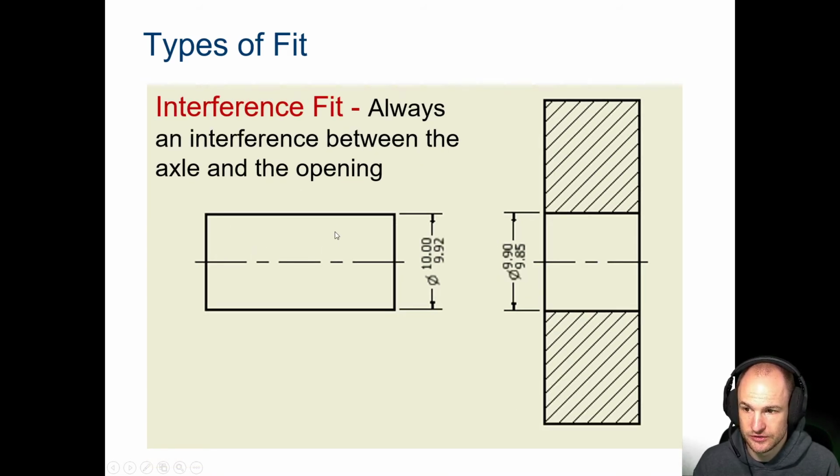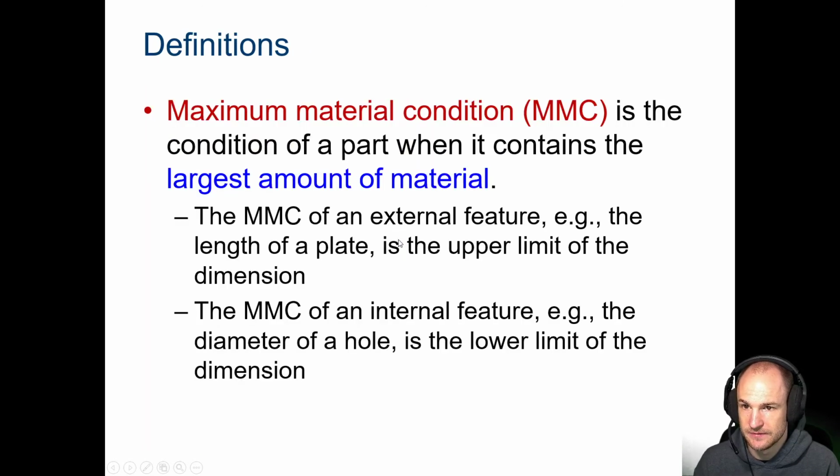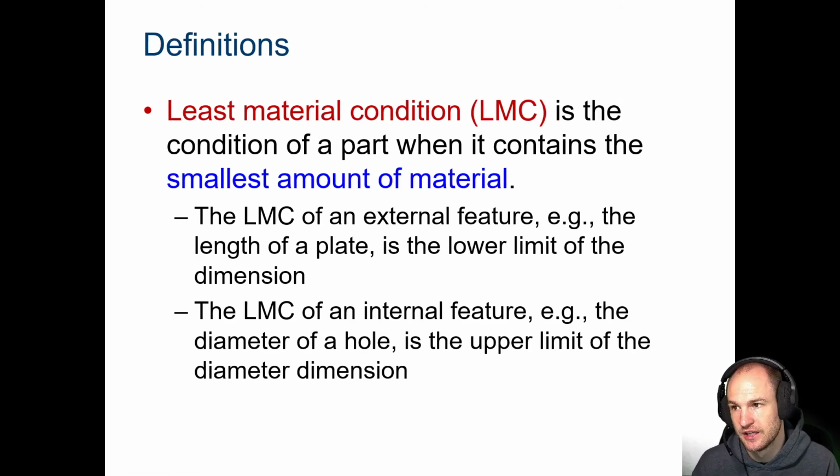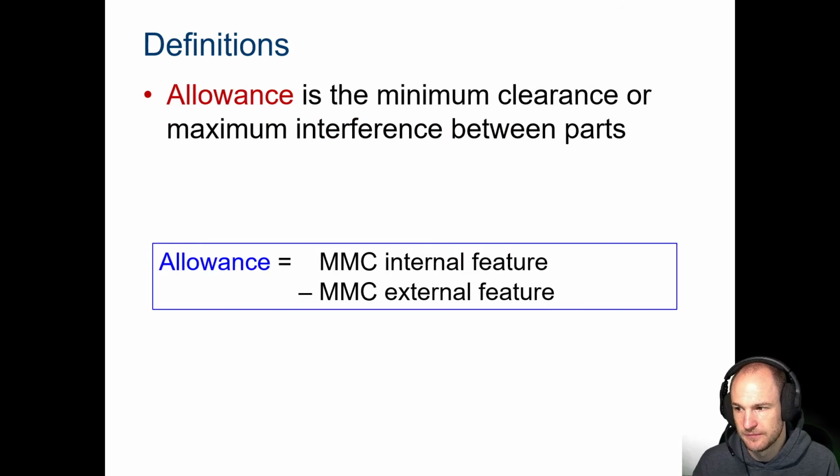We've got interference fit, where the male part's going to hit the female part on the edges, and there's going to be interference. And we base this on the maximum material condition. So the largest amount of material, which is different for an external or internal part. And then there's the least material condition.